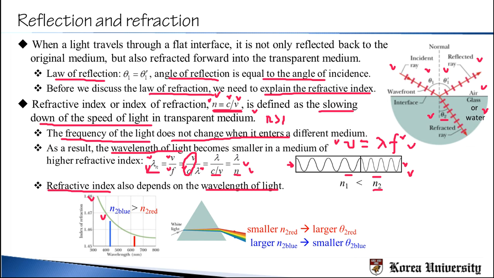So for example, blue color light will almost always have a larger index of refraction compared to the red colored light, and that is why this prism can separate the white light into the colors of the rainbow. In this case, because the blue color, which has a shorter wavelength, has higher refractive index, it will bend more. Okay, why does it bend more? We will see in the next slide.